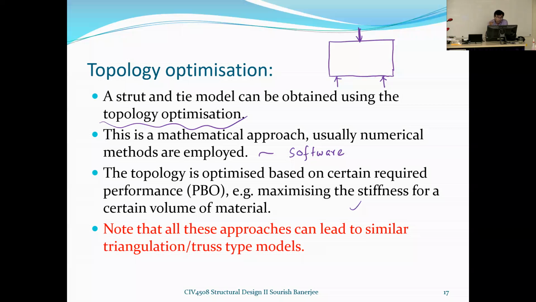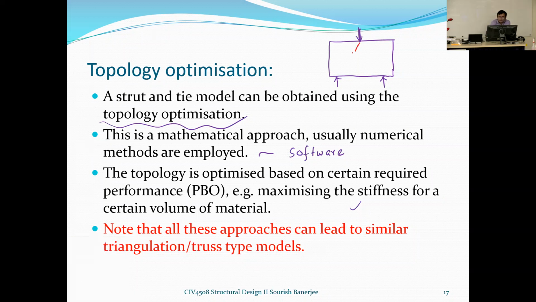Let's think in a very simple way. We are trying to look at what the load path is in this case. Once you know the load path, you will see what part of the structure is important and what is non-important.